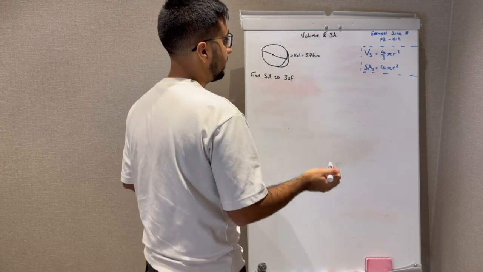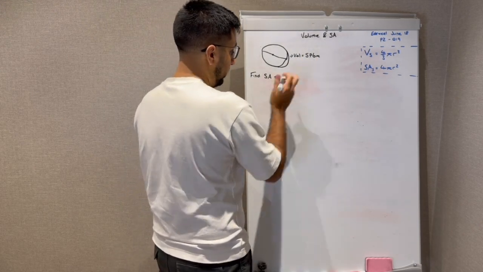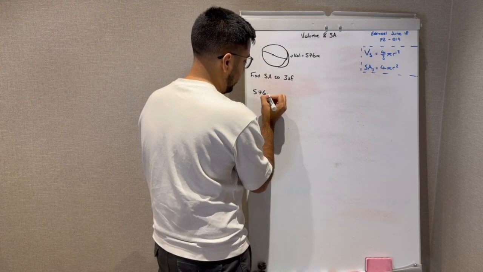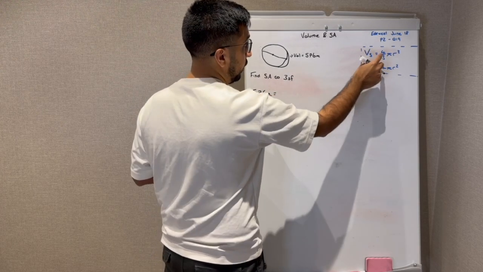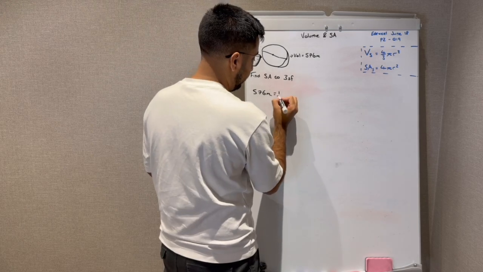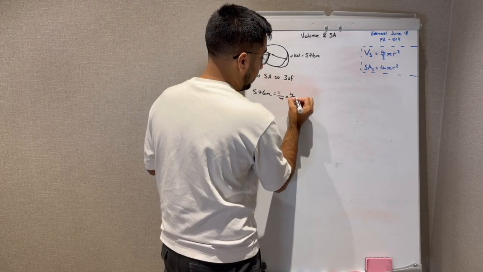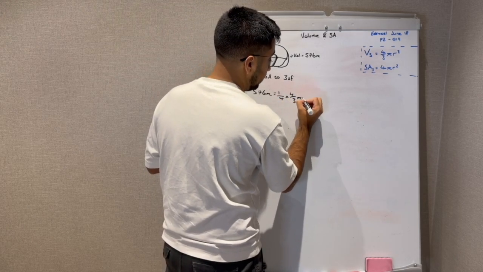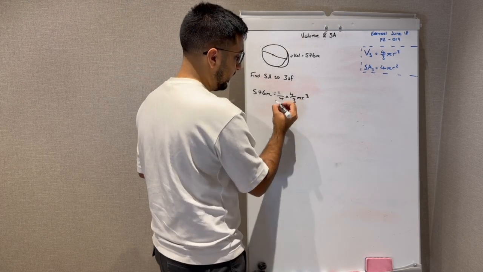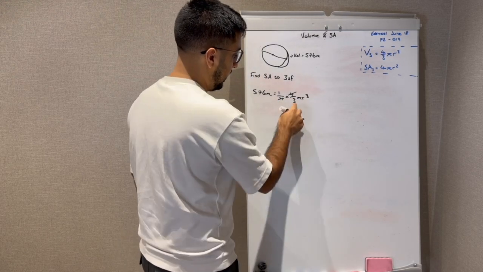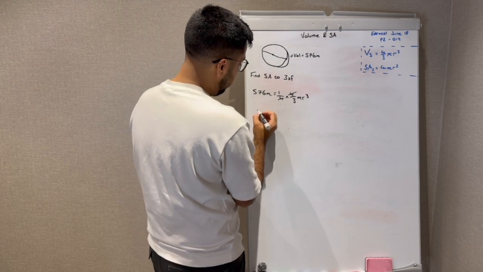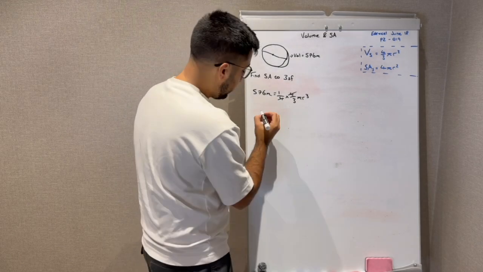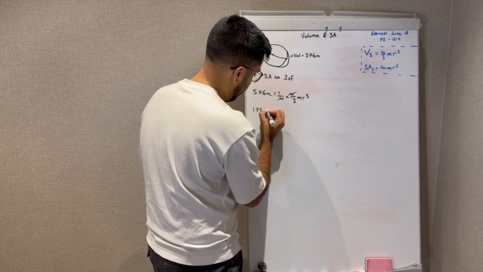Let's begin. So like I said, we have 576 pi is equal to a quarter of the volume of the sphere. We can simplify and multiply across. That's going to be 1728.